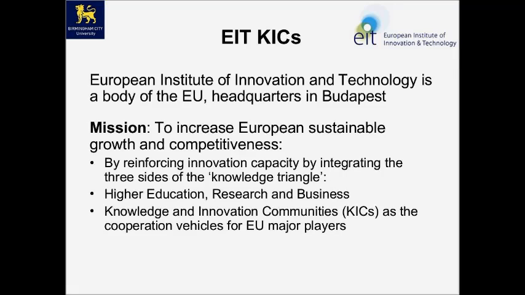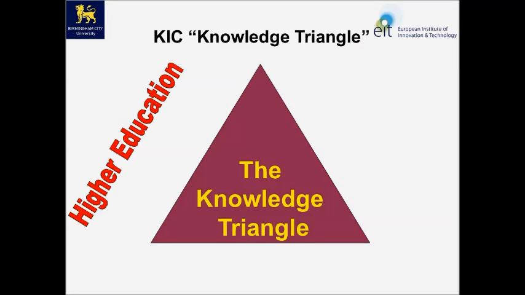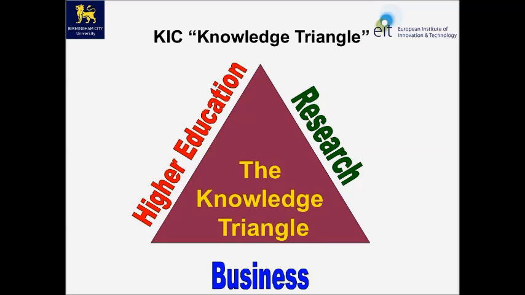The way the EIT does this is through the formulation of these KICs, which are really to create what's called a knowledge triangle. So if we look at roughly what that is, the way that the KICs look at this is that in order to get innovation to happen, and then to get innovation to market, in order to benefit citizens and the economy, it needs three sets of actors.